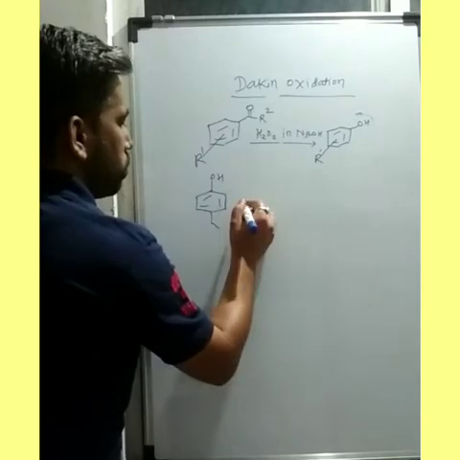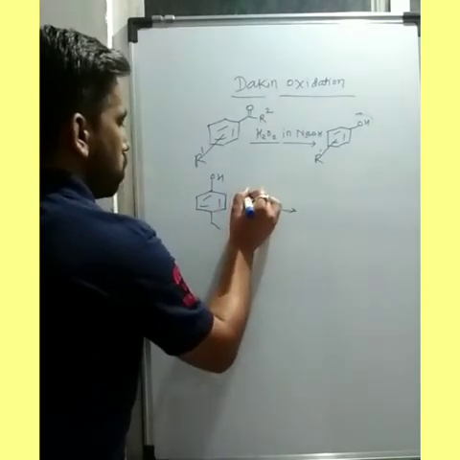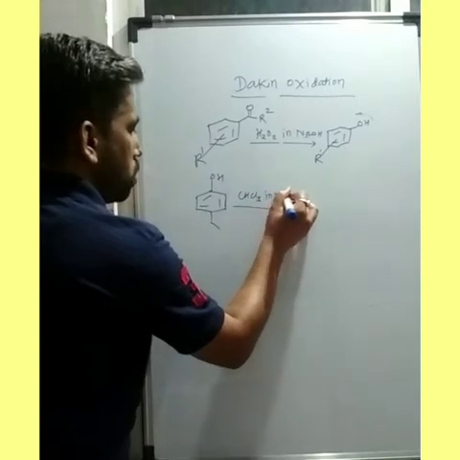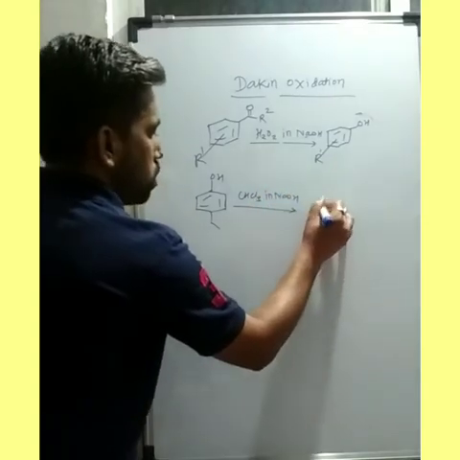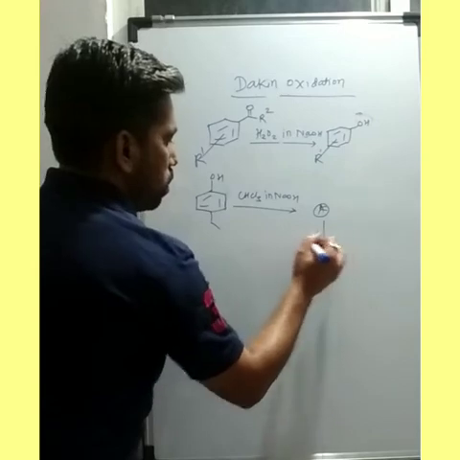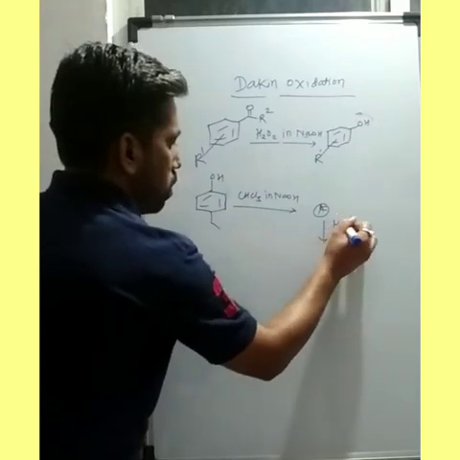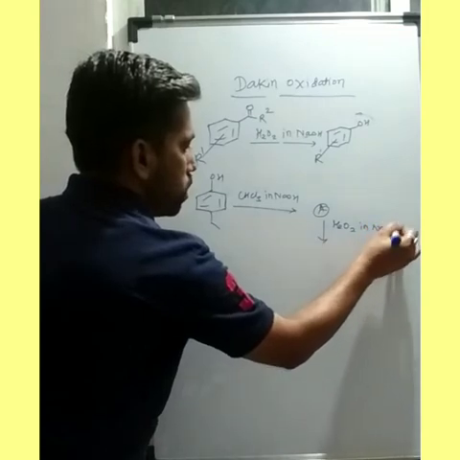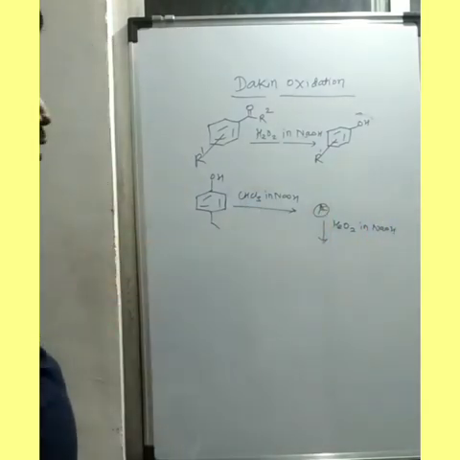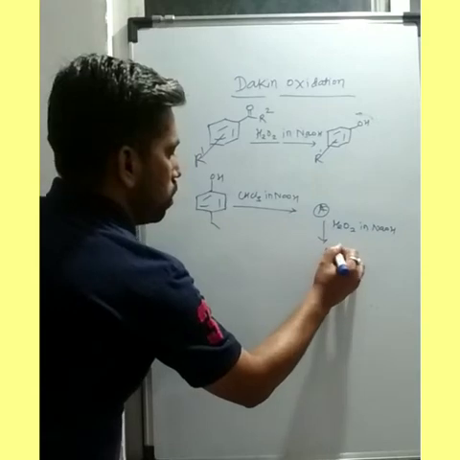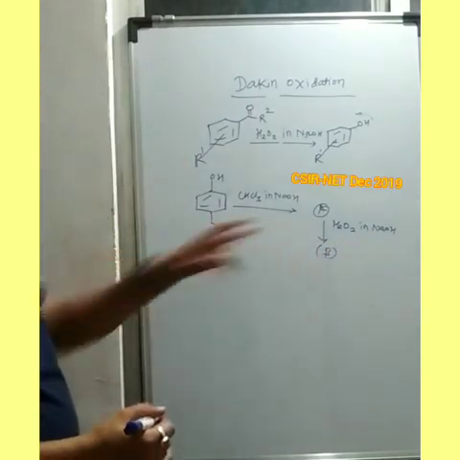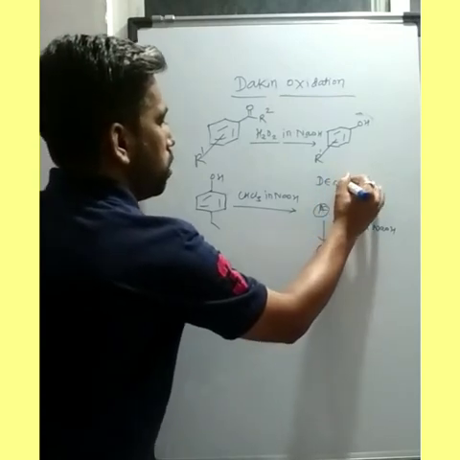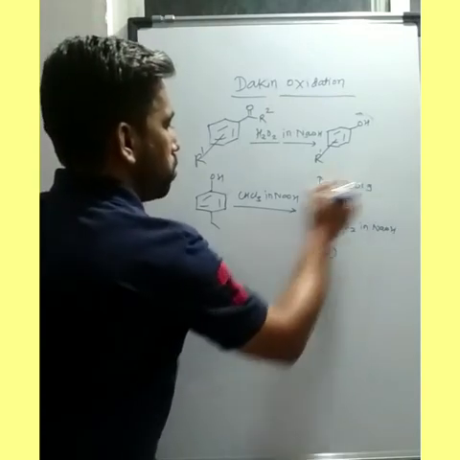In the first step, CHCl3 in sodium hydroxide gives product A. Then on that, hydrogen peroxide in sodium hydroxide, the alkaline hydrogen peroxide, gives product B. This question was asked in the December NET 2019.